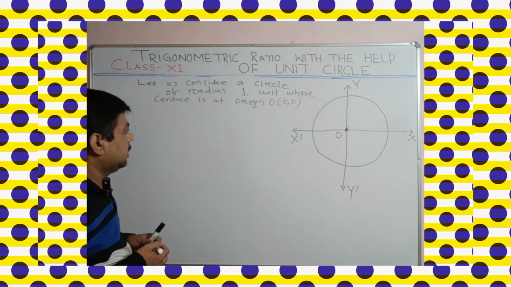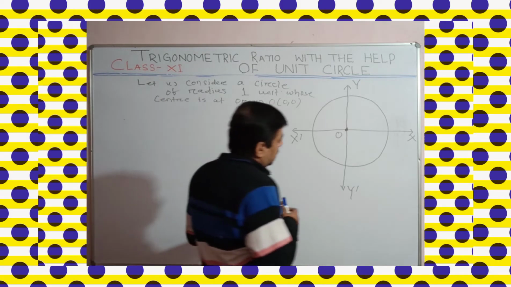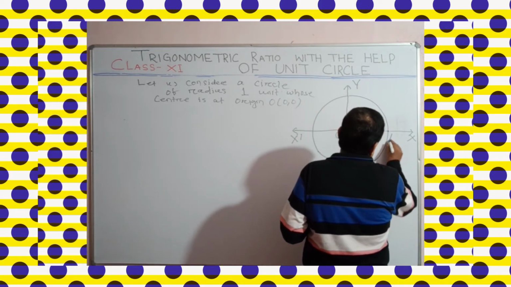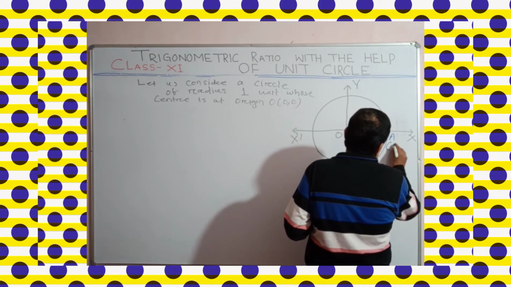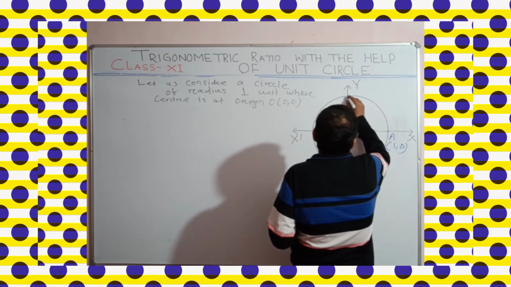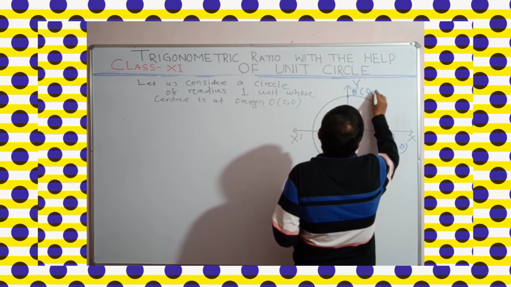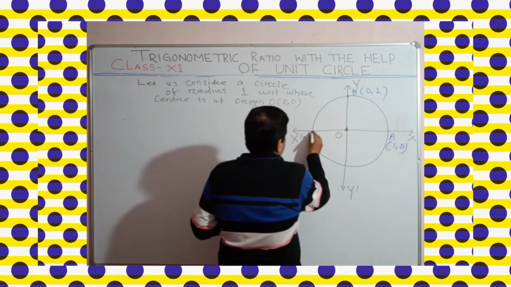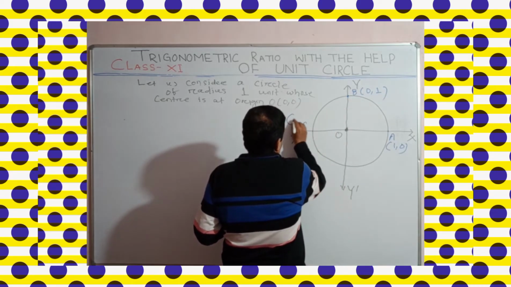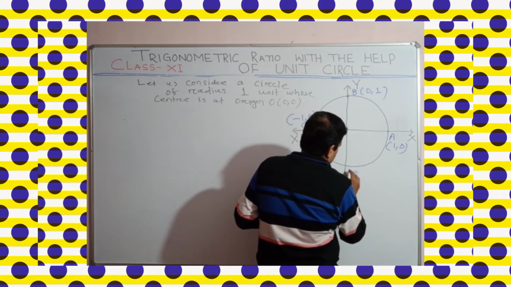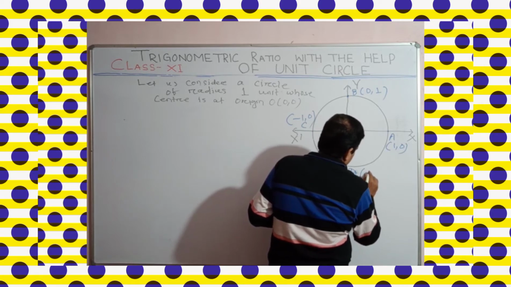Now the circle intersects the coordinate axes at the points A, whose coordinates are 1, 0; B, whose coordinates are 0, 1; C, whose coordinates are minus 1, 0; and D, whose coordinates are 0, minus 1.